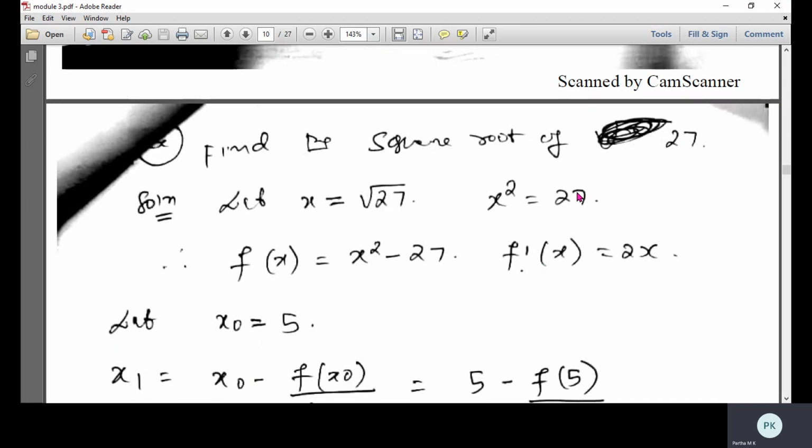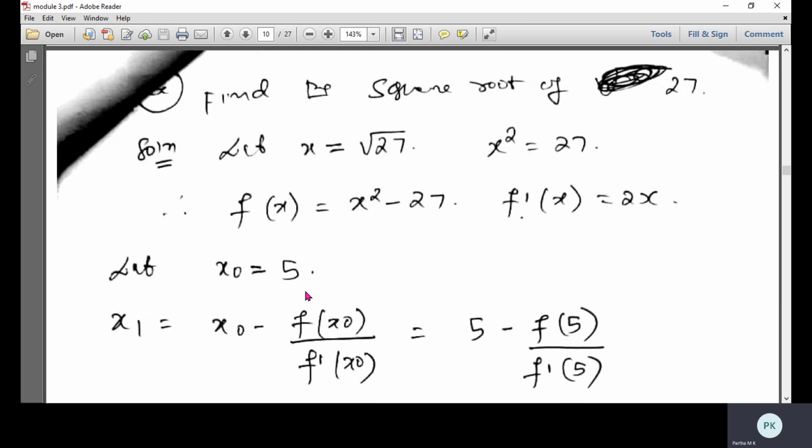Now let us start with an initial approximation. It has not been given. So whenever this type of problem comes, like find the kth root of 331, operate the calculator roughly and keep it. Suppose the square root of 27: because the square root of 25 is 5, the square root of 27 may be 5.01 something.